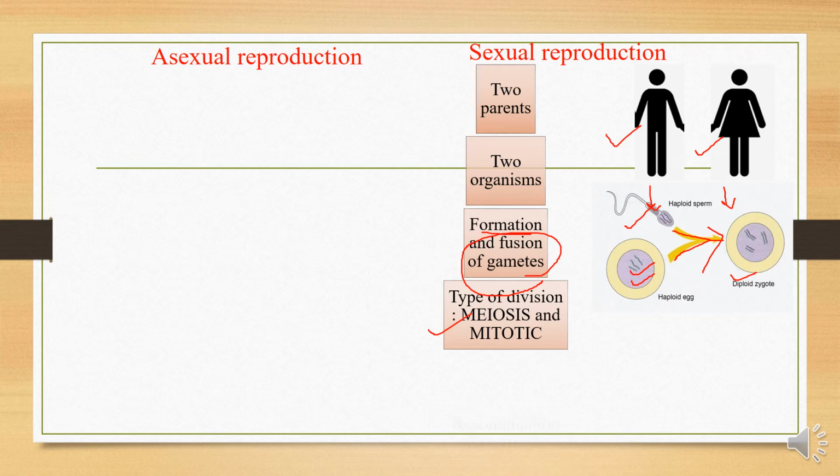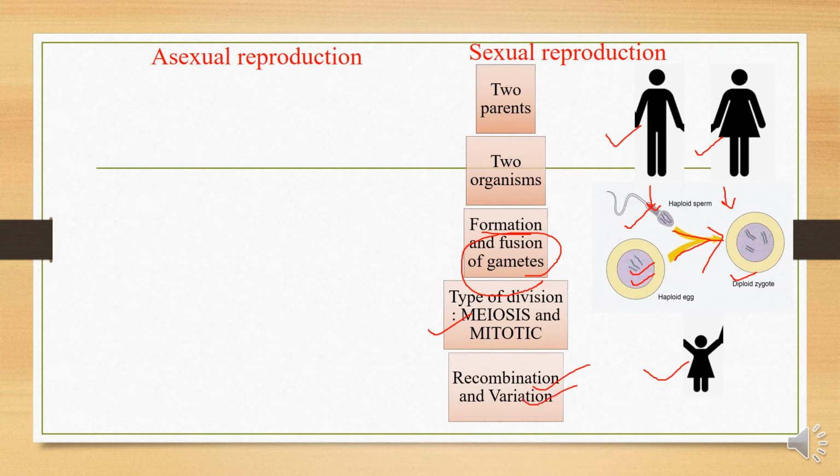As a result, the new offspring formed here, because two parents are involved, students, has two different sets of genes that recombine, and therefore we see a lot of variation in this offspring. Genetically, this offspring is identical to its parents, but there are a lot of variations which we can see in sexual reproduction.